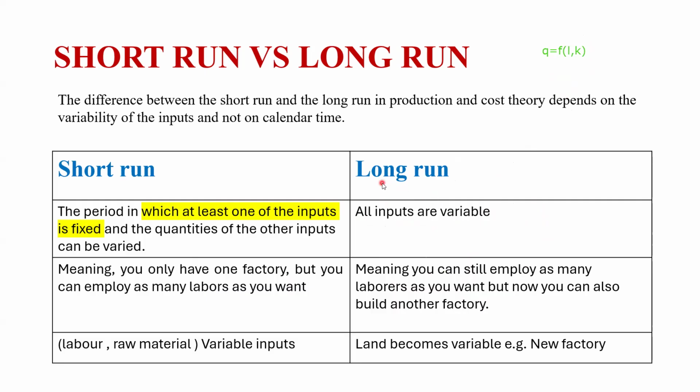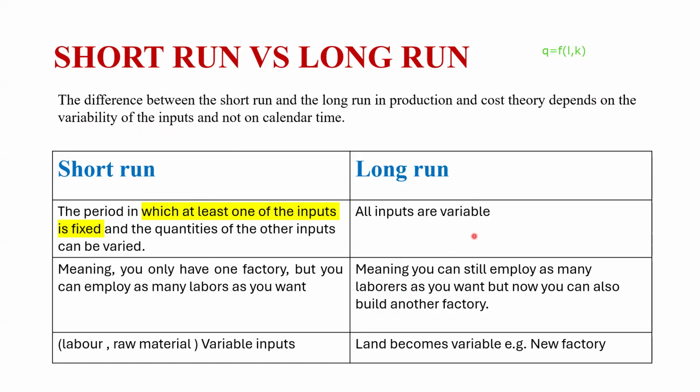The long run is a period long enough for the business to do all these things. Remember, long run and short run depend on the variability of inputs. In the long run, all of them can change.